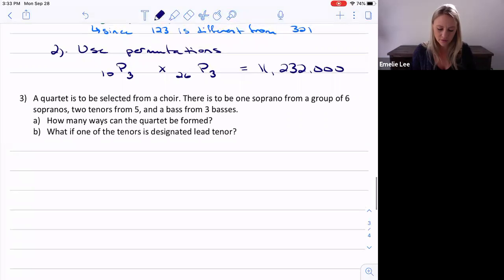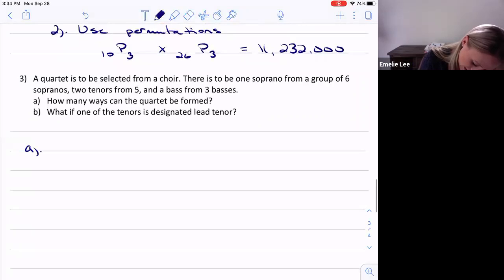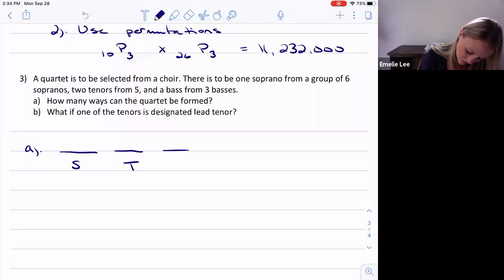So now, if I'm just picking 1 soprano out of 6, there's no order there, especially because I'm only picking 1. So it's gonna be 6 choose 1 soprano. So for part A, I've got a soprano spot, I've got the tenor spot, and then I've got a bass spot.